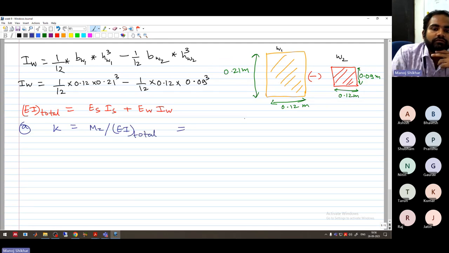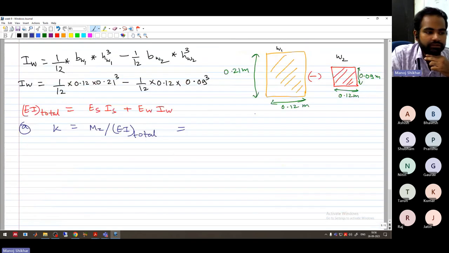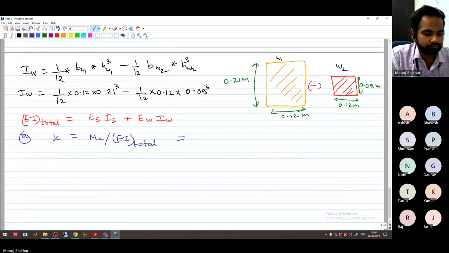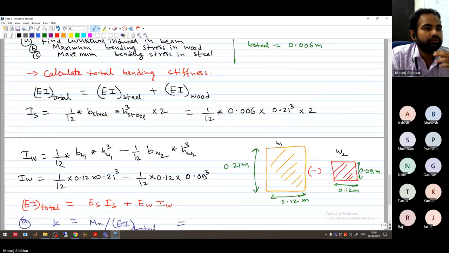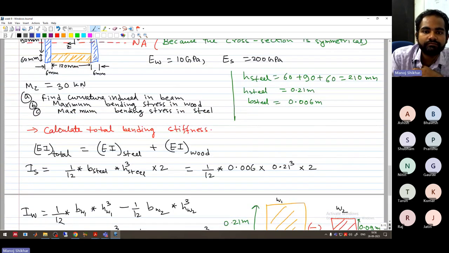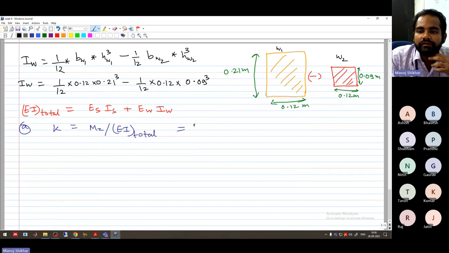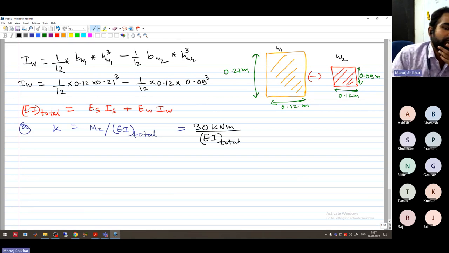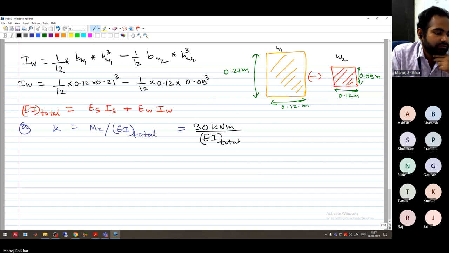They have given you the value of Mz, 30 kilonewton meter. I think it should come with some other unit. Here it should be Newton meter. So here you will write 30 kilonewton meter divided by whatever EI total you have calculated from here. And you will get the value of kappa. So this is the kappa induced in the beam.